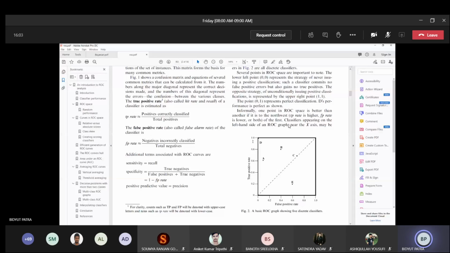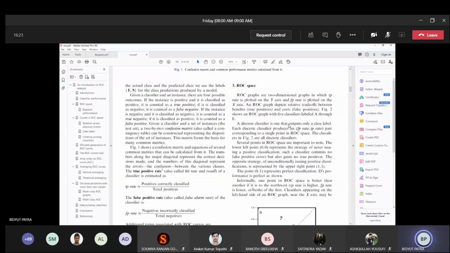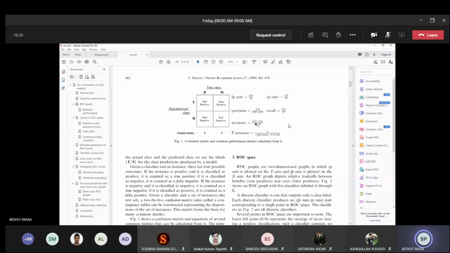Now if I say (0,0), it does not match anything, so it is not possible because there should be a test data set and a total positive class and so on. When the true positive rate is 0, TP is 0, and when the false positive rate is 0, FP is 0.